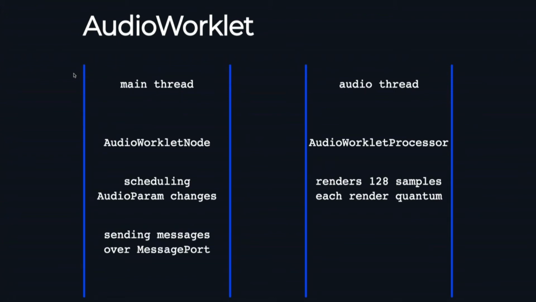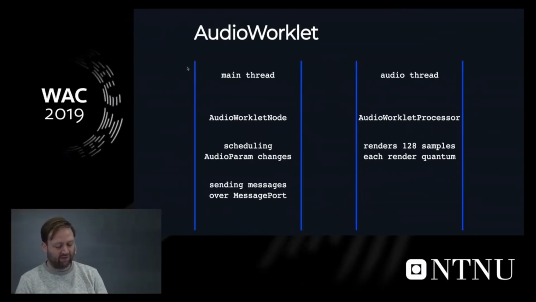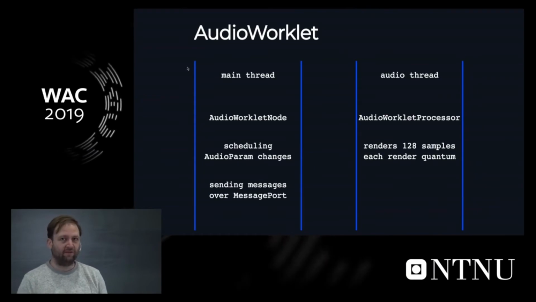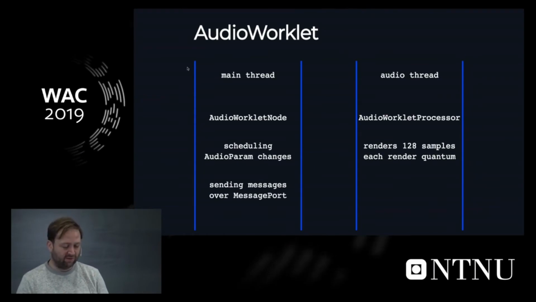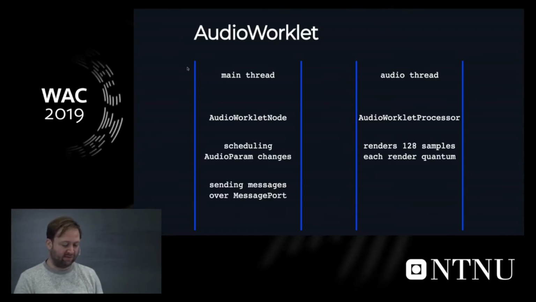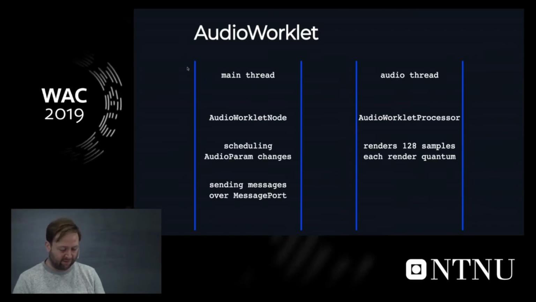So there will be no artificial delay because it's running in the same loop as the audio API itself. And if you want to communicate with it, you can either specify an audio param, like with every other audio node, or you can send custom messages over the message port. And that happens asynchronously, but it's not a problem because it doesn't affect the rendering directly.